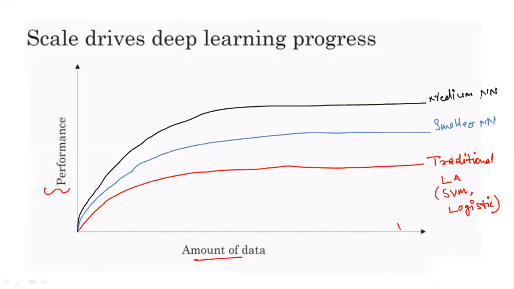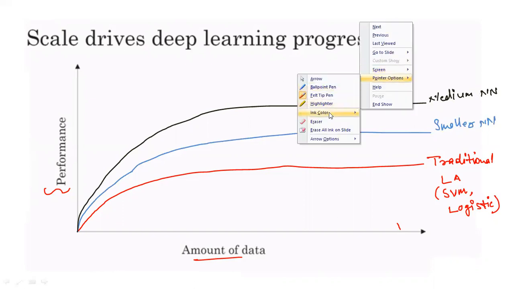Okay, so this is the graph for a medium sized neural network, and the medium sized neural network performs much better than the performance we have seen in a smaller neural network or in the case of the traditional learning algorithms.